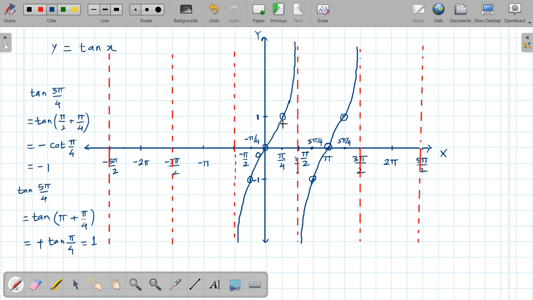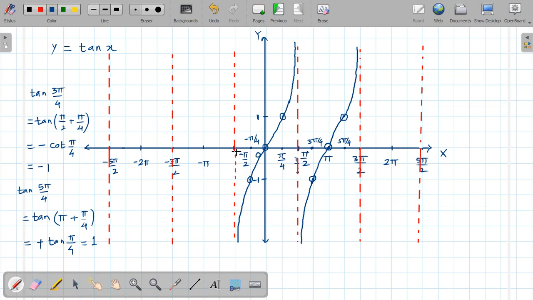So what is the technique to draw the graph of the tan function? First of all, you show the dotted lines for infinite values or unknown numbers. For that, pi by 2, 3 pi by 2, 5 pi by 2, and so on.